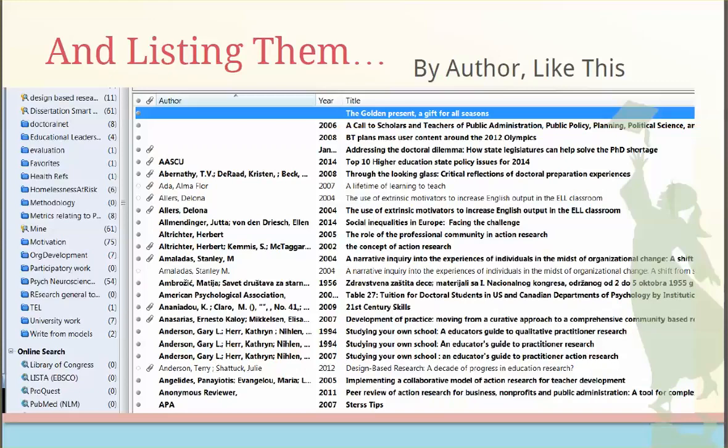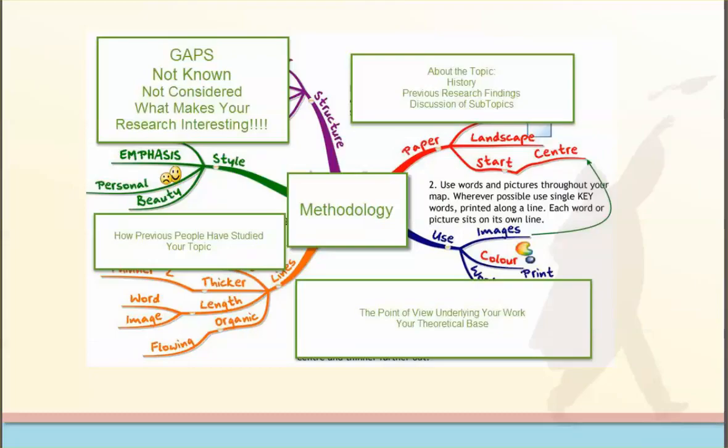And then we list them in an ABCD kind of way, maybe slotting the different authors into folders. But how to discuss them is very difficult from these formats. So first, let's look at what the mind map could be.